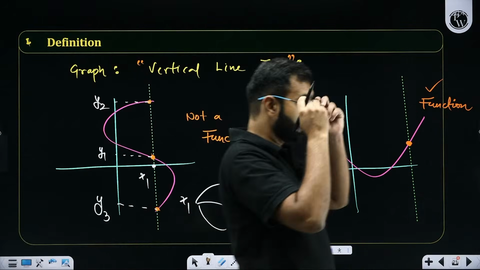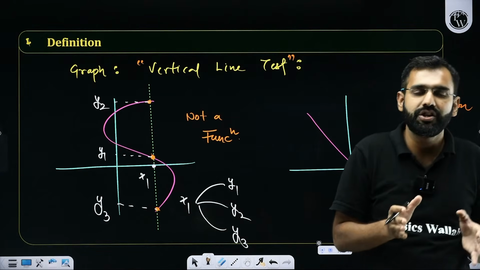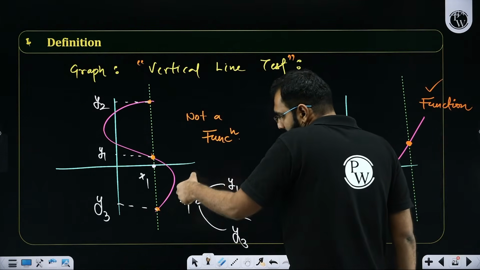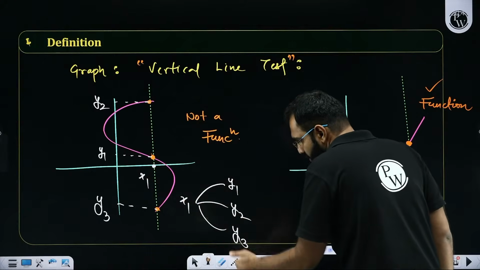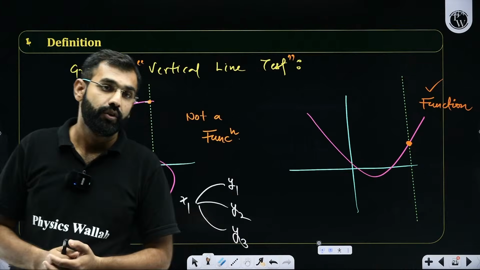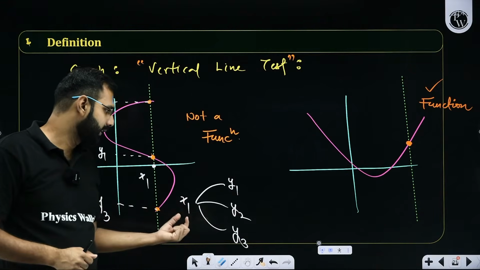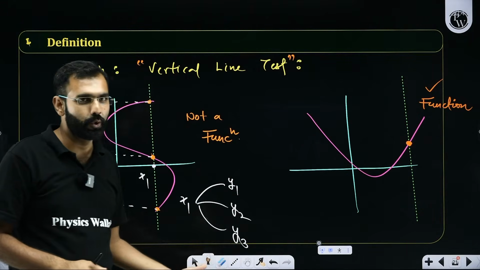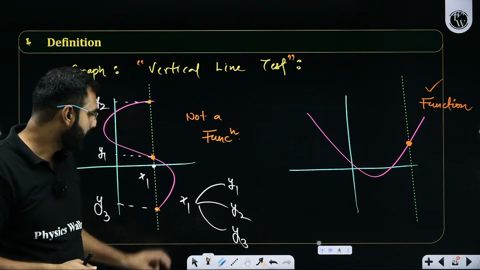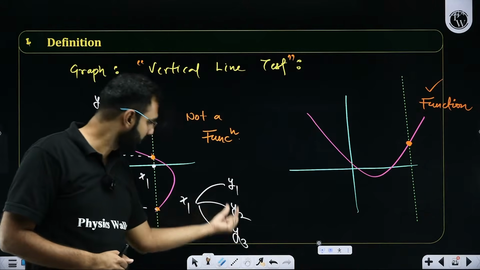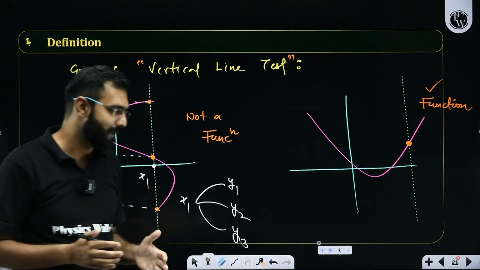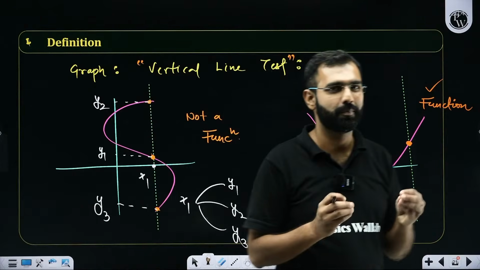And sir, this is a crystal clear violation of the definition of a function, where we said that an element in the domain should have a unique image in the codomain. So if an element in the domain does not have a unique image, it has more than one image, then it is definitely not a function. It is merely a relation.